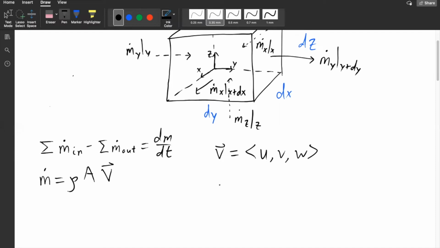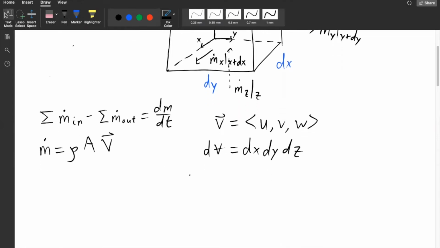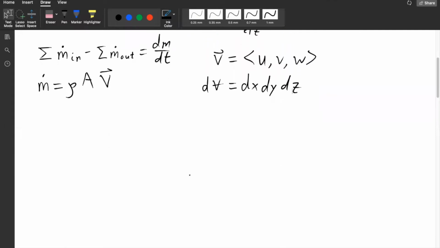And I would also like to note that the volume of the control volume equals dx times dy times dz. So these are just important notes to reference when deriving our continuity equation. So the mass flow rate at the inlet is the following.